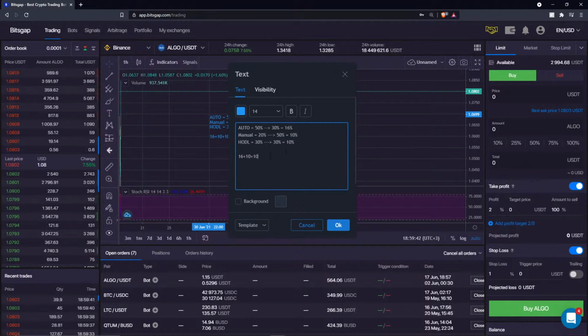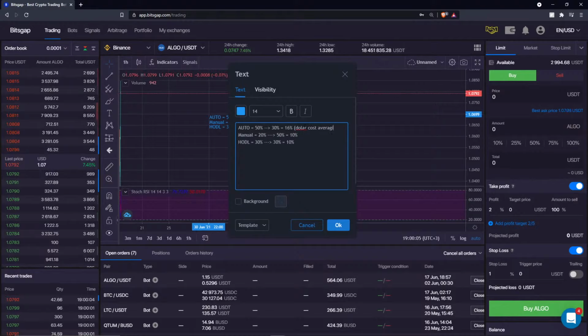But these are just random numbers. I'm just showing you that it really makes sense to diversify, because some strategies can bring you more, some less, but altogether they make up decent returns in the midterm perspective. And the risk here is minimized, because in auto bots, you know that they achieve the best dollar cost averaging.